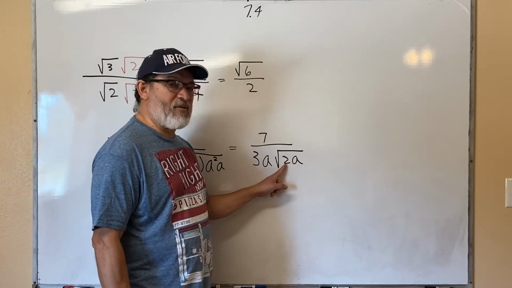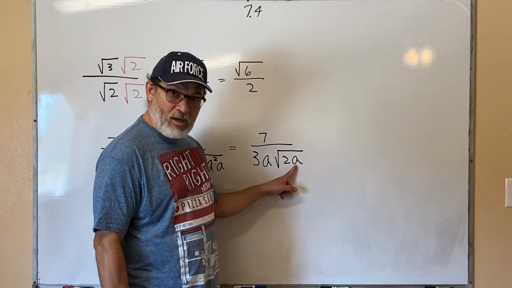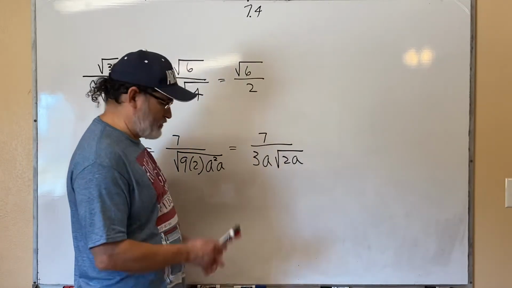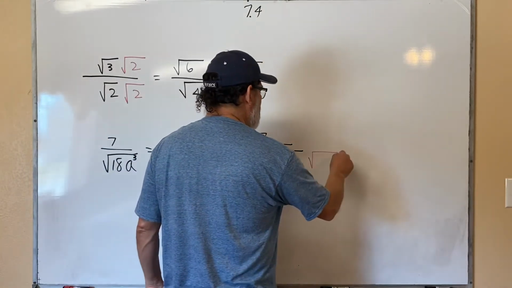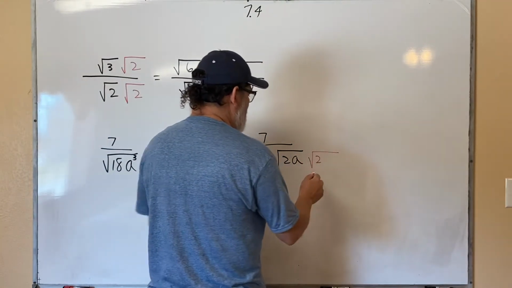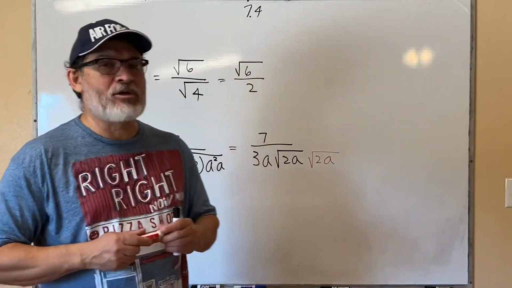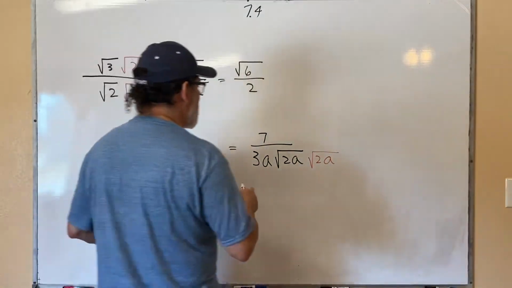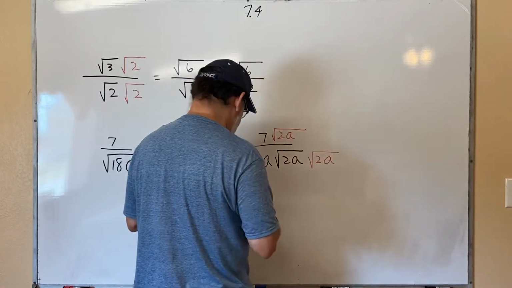This is gonna become a 4, and this is gonna become an a squared, and I have to do it legally, okay? To do that, I'm gonna have to multiply this by 2 and by a, but if I do it to the denominator, I must also do it to the numerator. So therefore this becomes the square root of 2a.